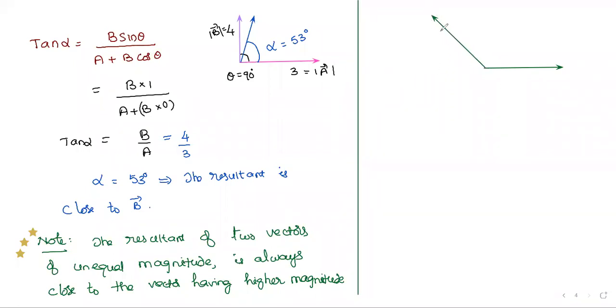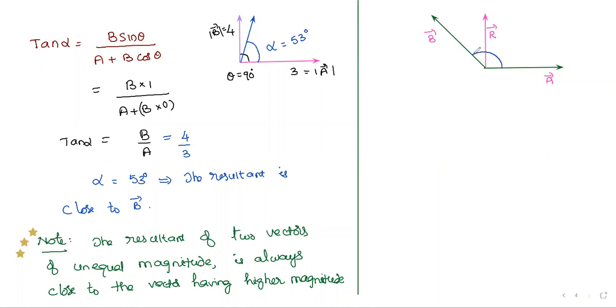After constructing the parallelogram, he said the resultant is perpendicular to the horizontal one. This is the resultant R bar. This is A bar, this is B bar, whereas the angle between the two vectors is more than 90 degrees.